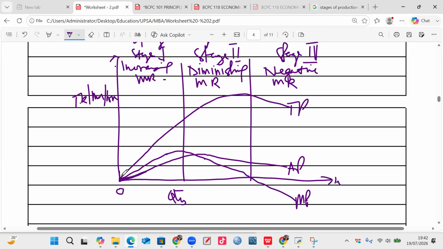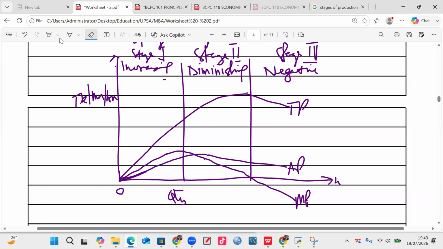The TP increases in stage 1. In stage 2, it will still be increasing. It will reach the maximum, and in stage 3, it will begin to fall. How do I know this is increasing returns, this is diminishing returns, and this is negative returns?